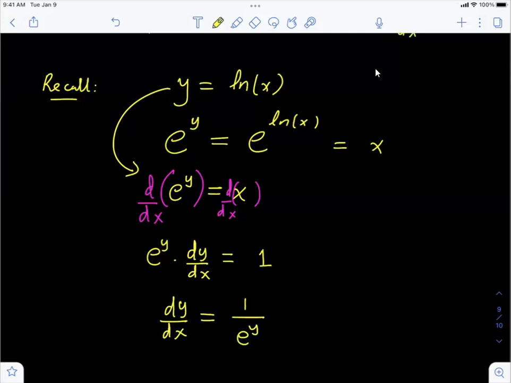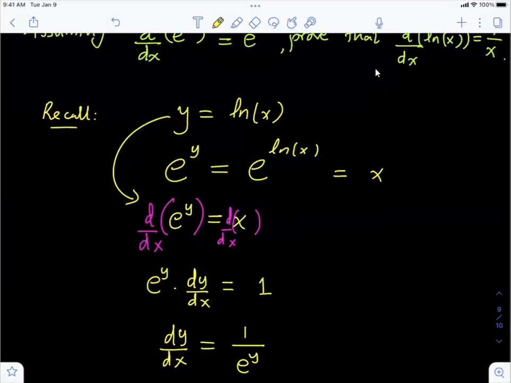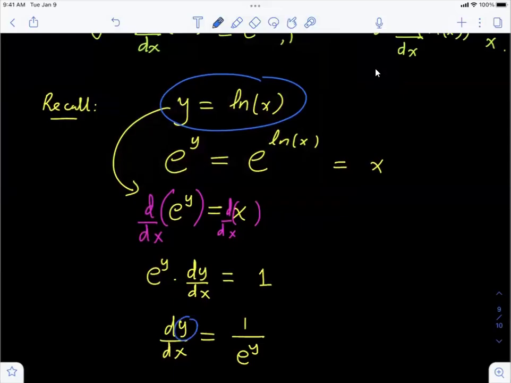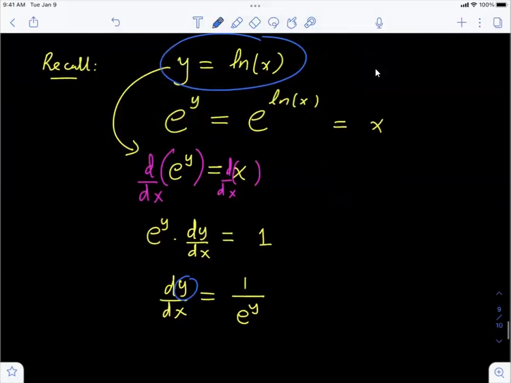Now I do have this simple mathematical sentence. So let me rewrite it by employing what we already know. y equals ln x. So this y is none other than just ln x. So I'm going to say d by dx of ln of x. y is a different name for ln of x.